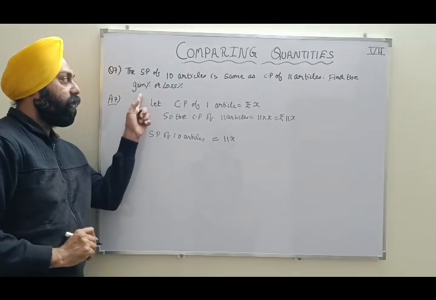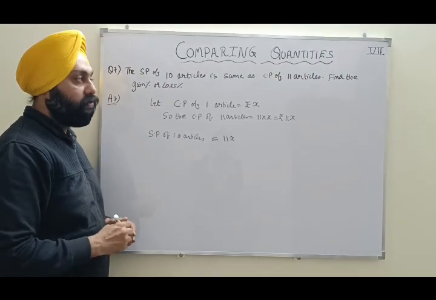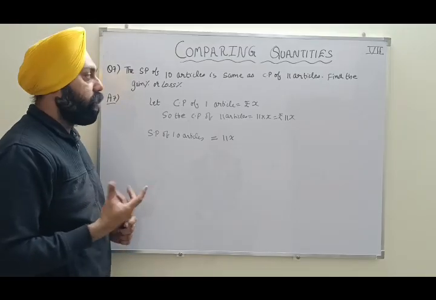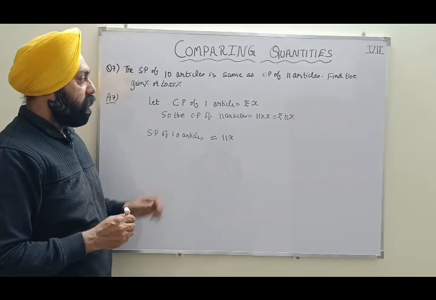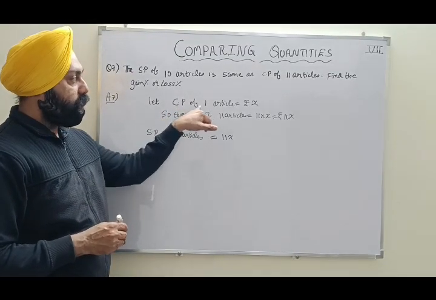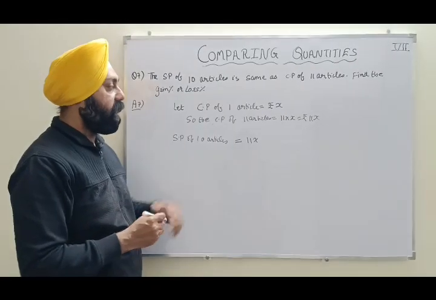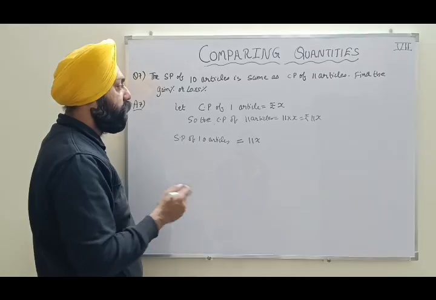Whenever we have to find gain or loss, we have to compare the unit prices. So now we will find the selling price of one article, then we can compare whether it is a profit or loss.